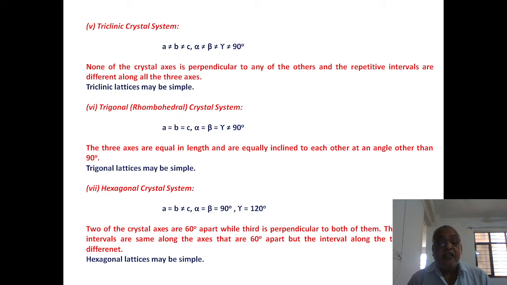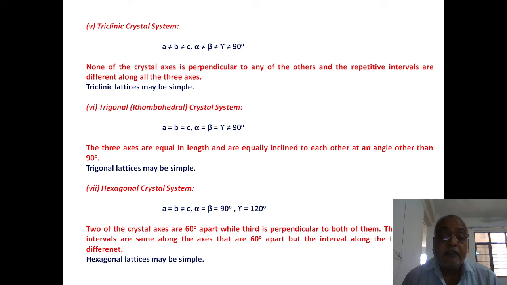a = b not equal to c, alpha and beta = 90 degree and gamma = 120. Two of the crystal axes are 60 degree apart while the third is perpendicular to both of them.